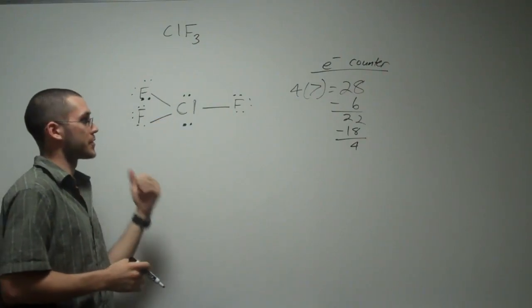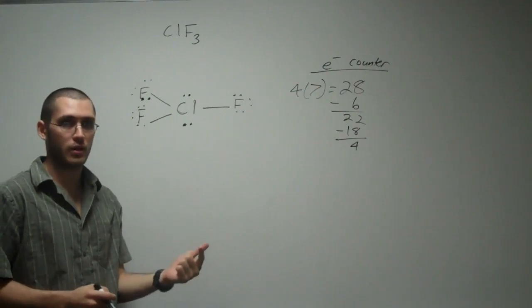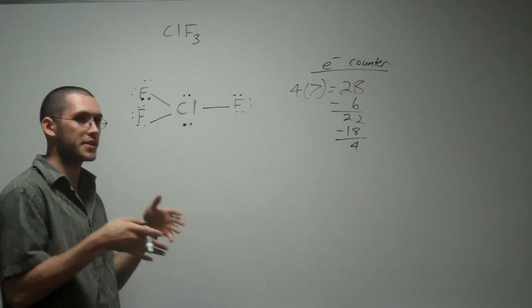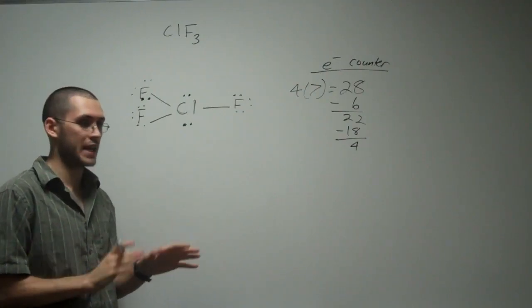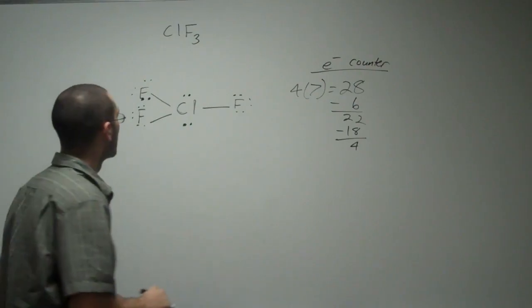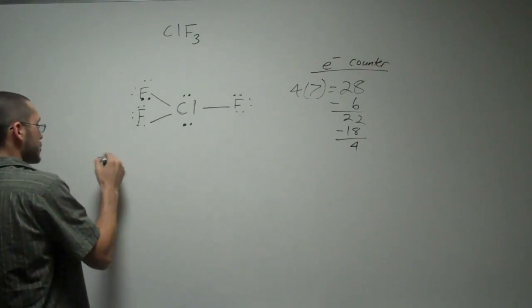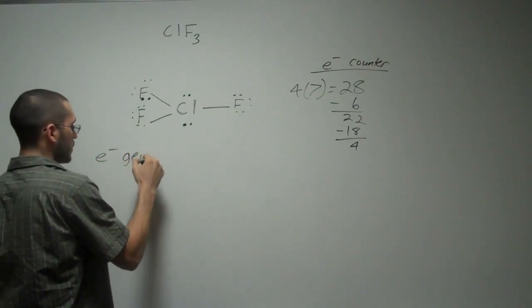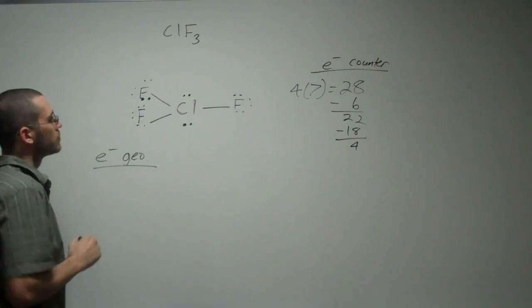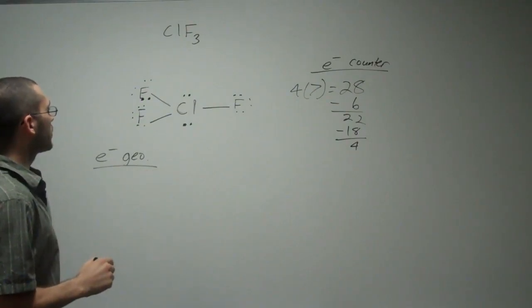There are 2 types of geometries. There's electron geometry and molecular. Electron geometry considers the electrons. Molecular has nothing to do with electrons. So here's the electron geometry. What would it look like?